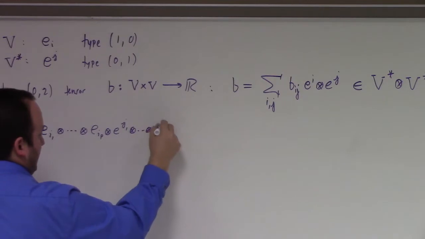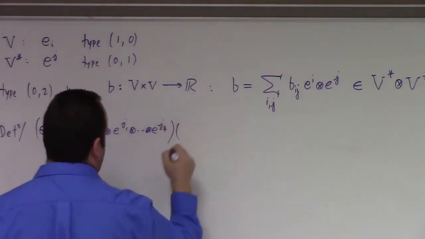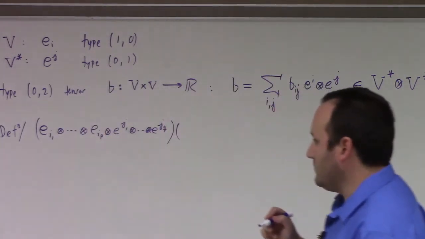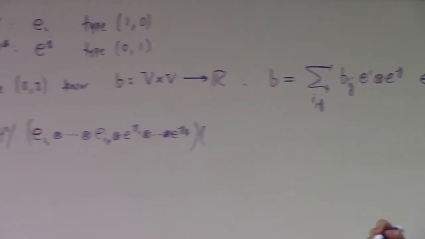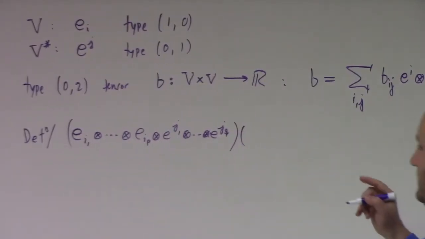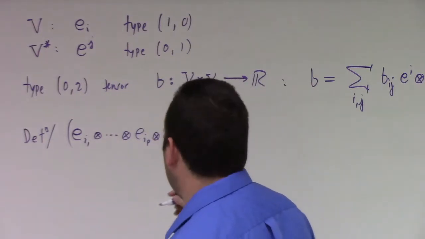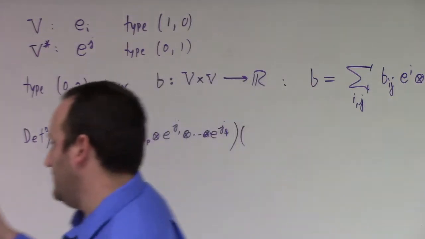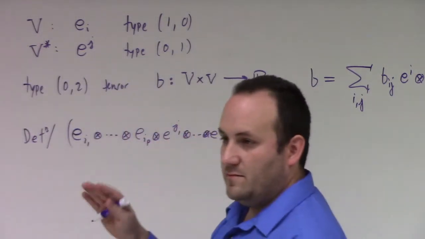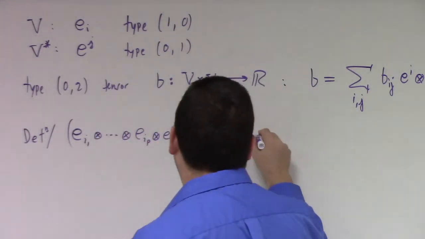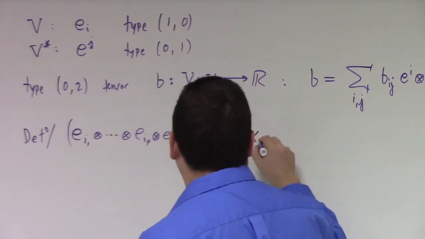Sorry, lots of tensors. This acts on what? We need p dual vectors and q vectors. So let's say alpha 1. I have to number them. It's annoying, but okay.